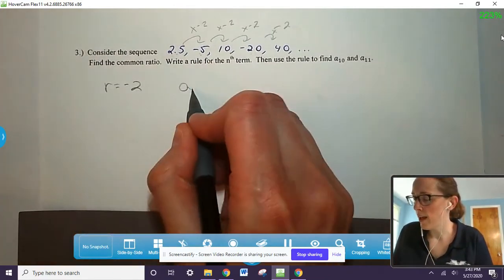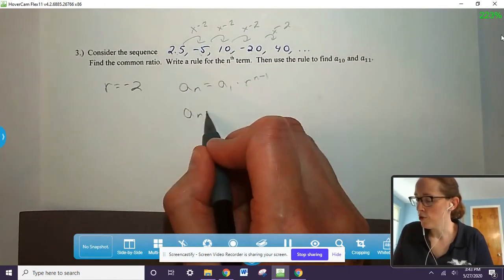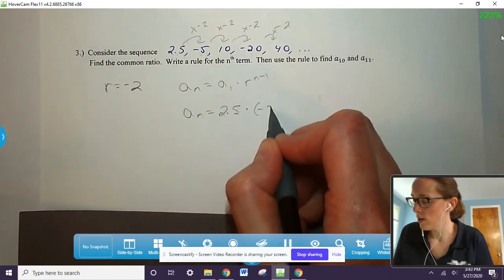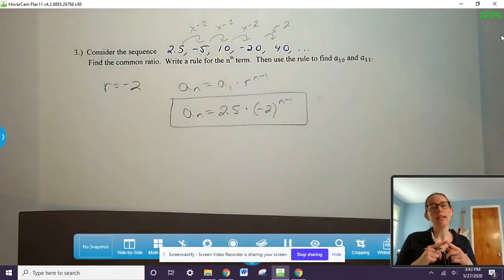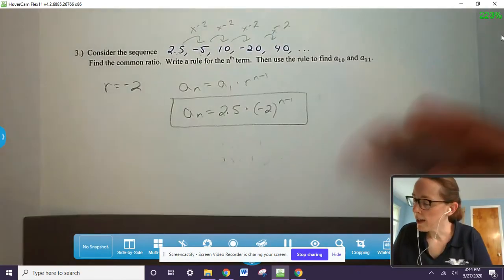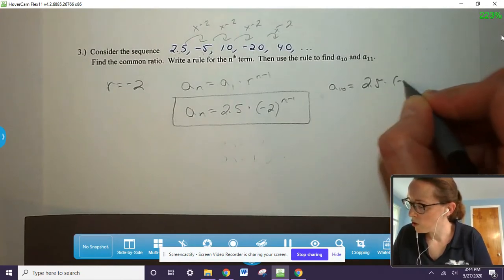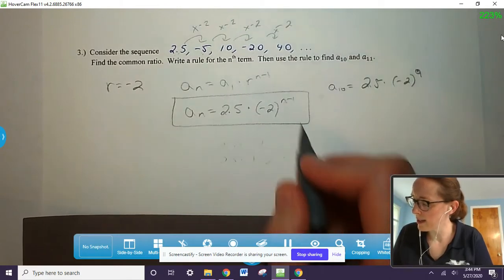Now for the rule for the nth term, you can use your notes because this formula is still new for you. Your first term is 2.5. Your common ratio is -2. And we'd have that to the n-1. You do need the parentheses around the -2 here. Then we're going to go ahead and find a sub 10. When you plug 10 in here, it's going to become 9 because 10 minus 1 is 9.